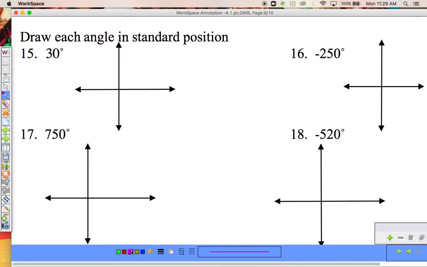All right, 30-degree angle is going to be somewhere in the first quadrant. My thought process on this is a 30-degree angle in the first quadrant. I'm going to take that first quadrant, cut it into 3 pieces. Because my first line would be 30 degrees, 60 degrees, and then 90 degrees. So I'm going to try to separate that first quadrant into angles that will help me.